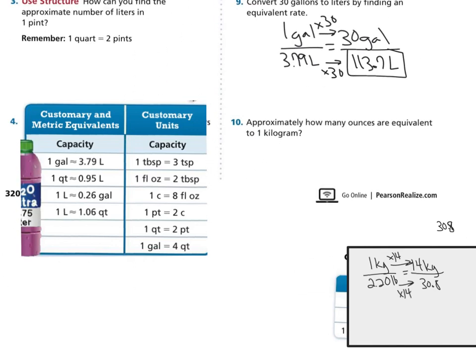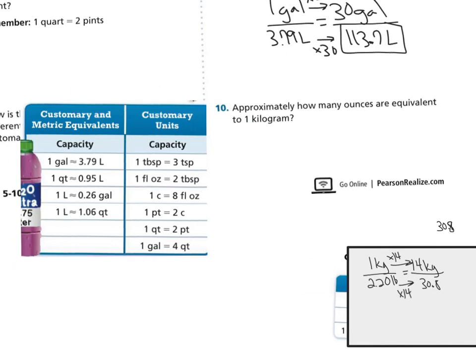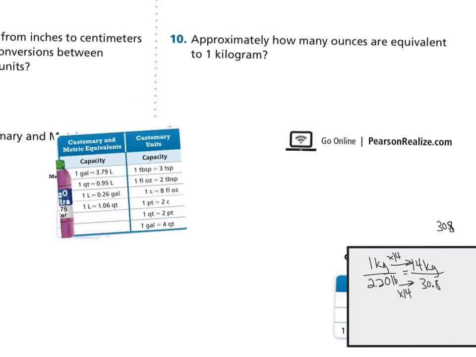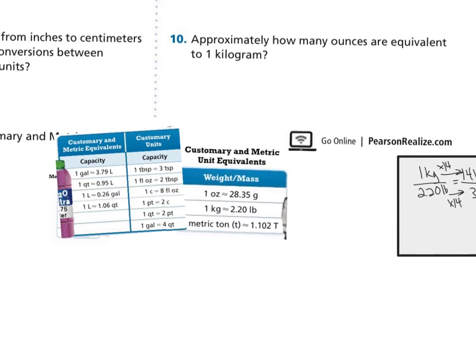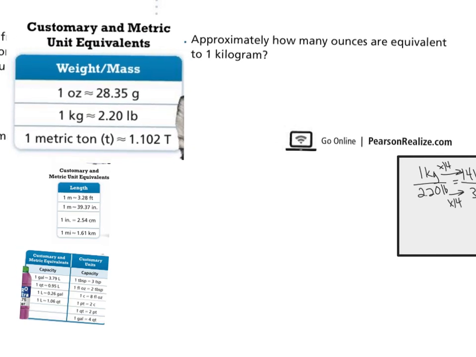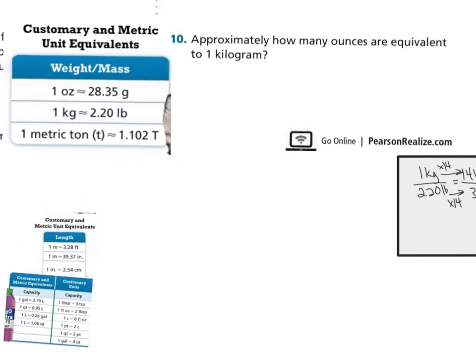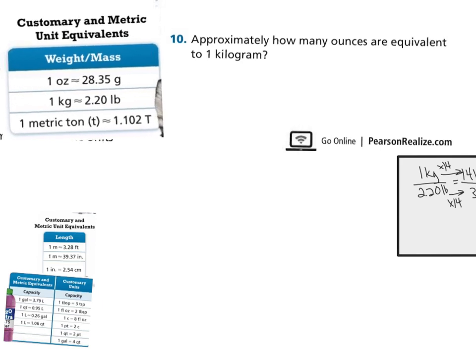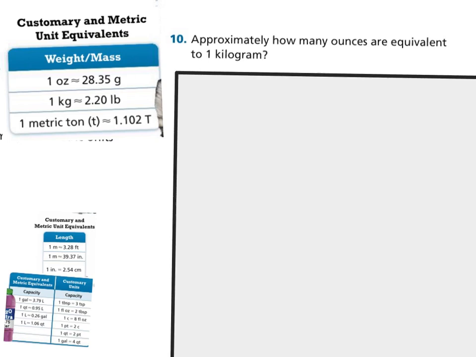And then number 10, approximately how many ounces are equivalent to 1 kilogram? So kilogram, okay, so on this one, we don't have a conversion with kilograms and ounces. We just have a conversion with kilograms and pounds.